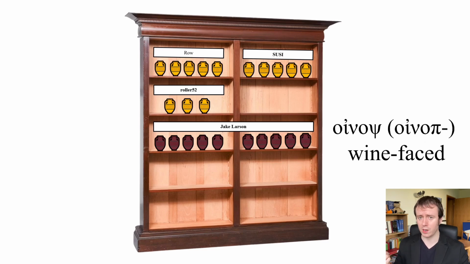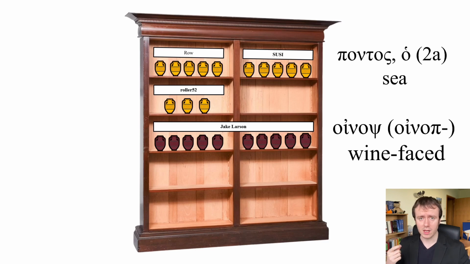The oblique stem is oinop. Now, this term oinops is a combination of oinos, meaning wine, and ops, meaning face. So literally, oinops means wine-faced, and Homer uses it to describe the sea. He puts it with the word pontos, which is a word we haven't met yet, but it means sea.